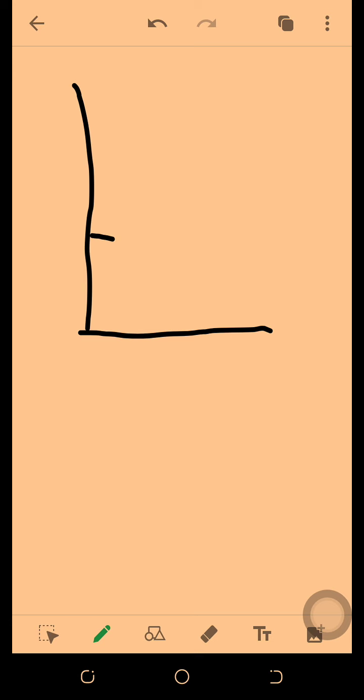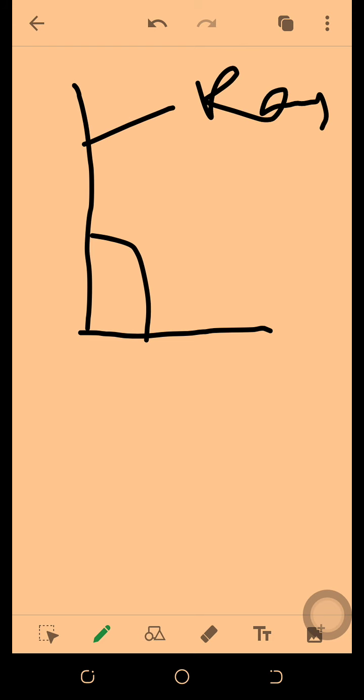These are called rays. We shall be looking at parts of angle. As they meet at a point, this is the point I'm talking about, and very soon we'll get to know the name of this point. So this is an angle.